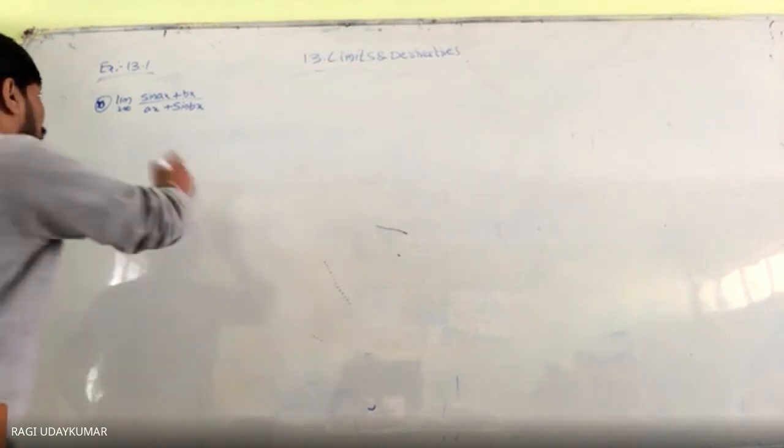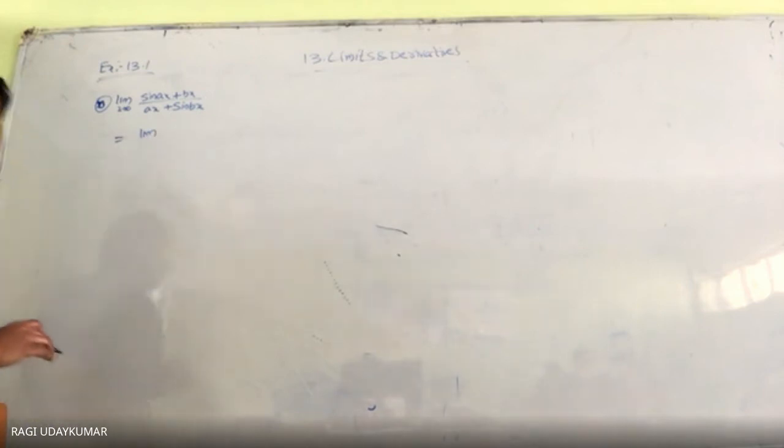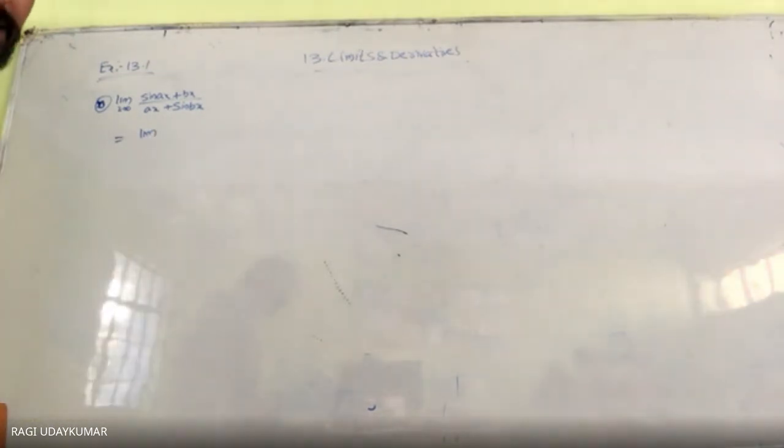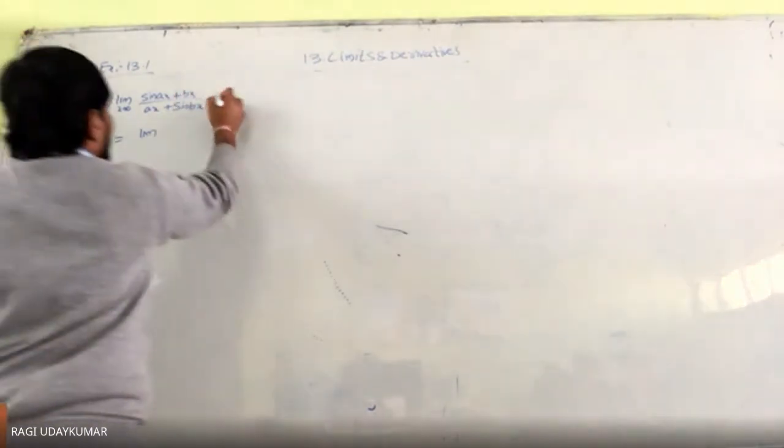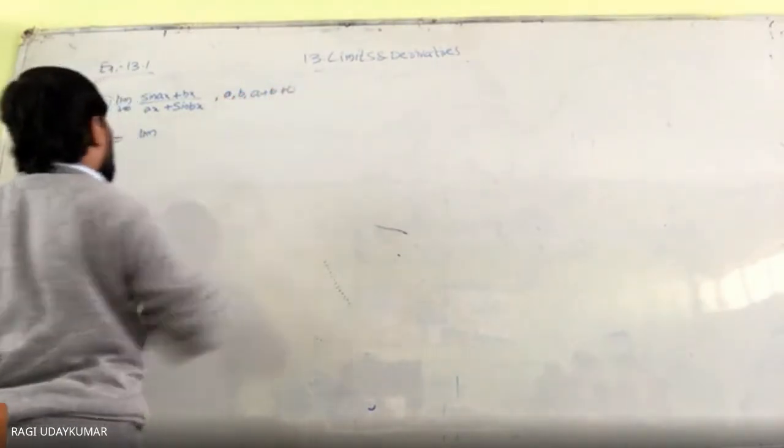The question says a, b, a plus b are not equal to 0: a is not 0, b is not 0, and the sum of a and b is also not 0.